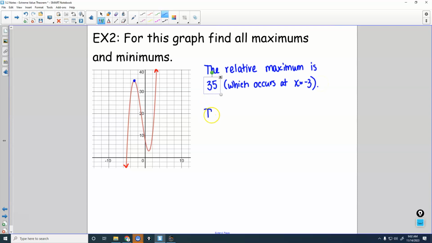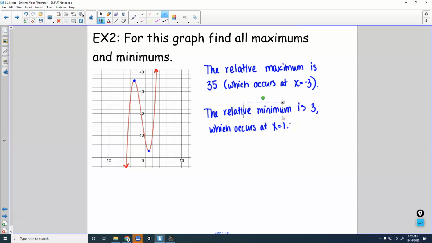And we would say the relative minimum is 3, which occurs at x equals 1.